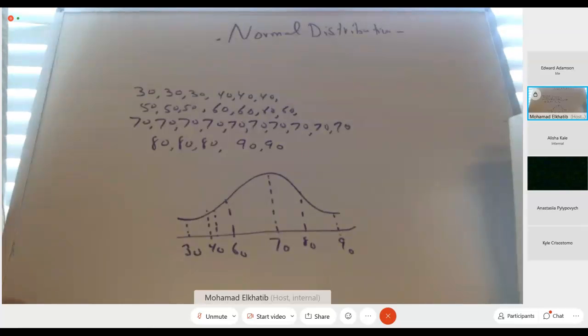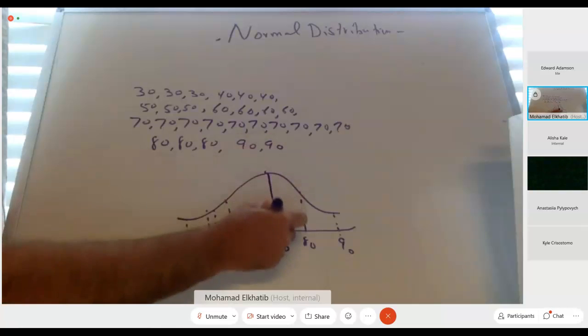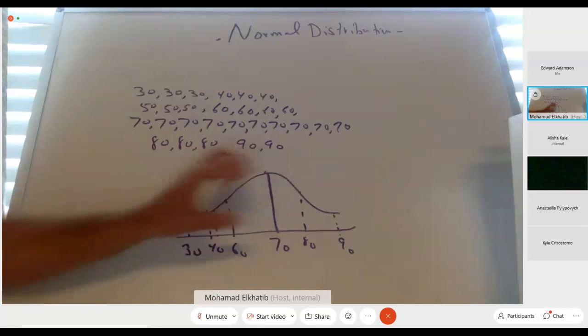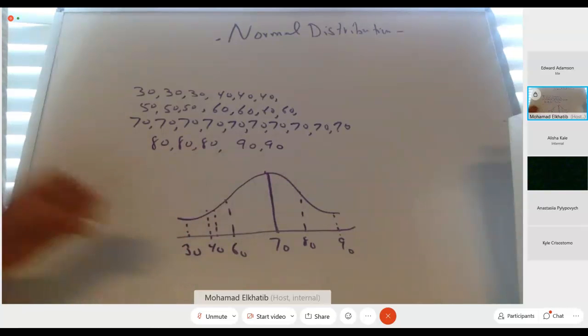The score that is the average is the one that you have the most. Okay? So this is a typical example of a normal distribution curve. You have lots of data at the average, okay?